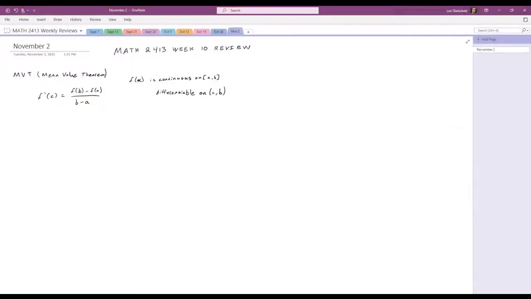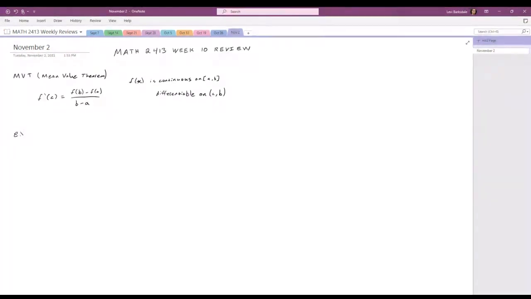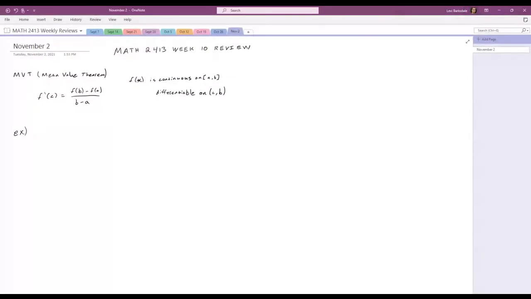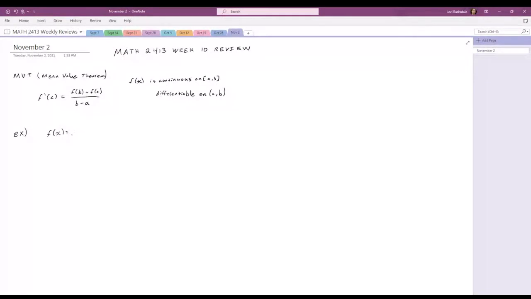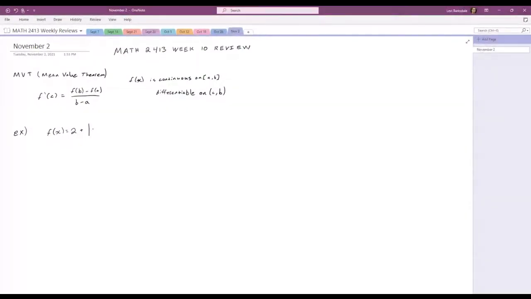Okay, so let's take a look at a couple of brief examples. First, I'm actually going to do a kind of non-example. So let's say we have the function f of x is equal to 2 plus the absolute value of 3x minus 3 on the interval from 0 to 2.